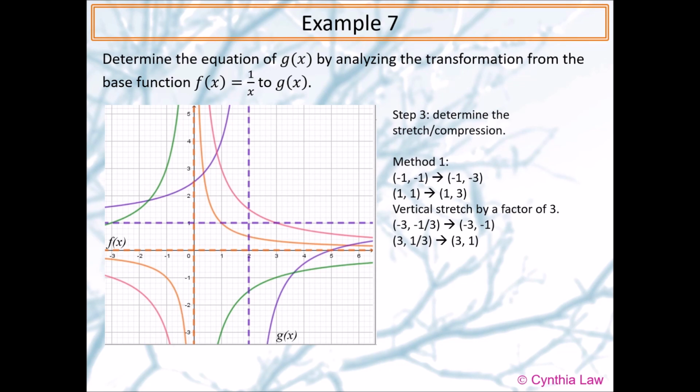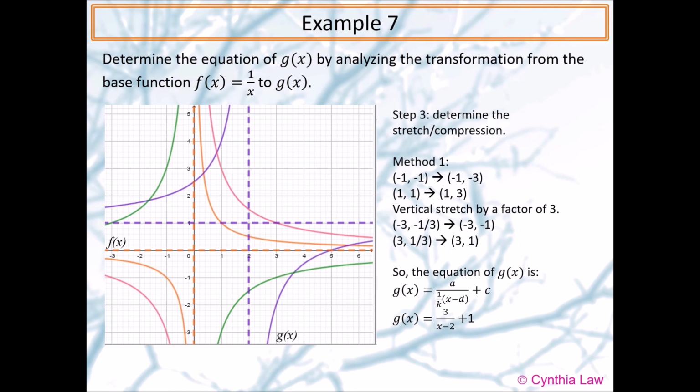Let's work out the equation of g of x. The general equation for a transformed reciprocal function is g of x equals a over 1 over k bracket, x subtract d close bracket, and then plus c. We found that a is 3 because it's a vertical stretch by a factor of 3.